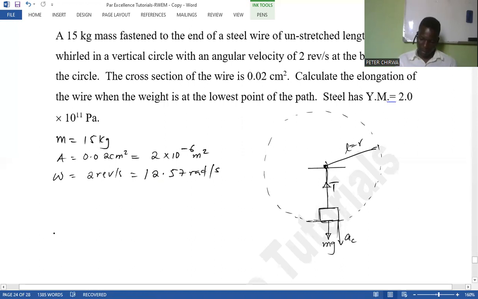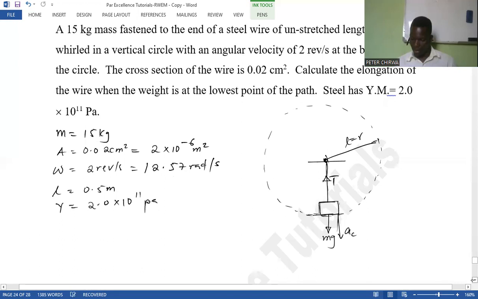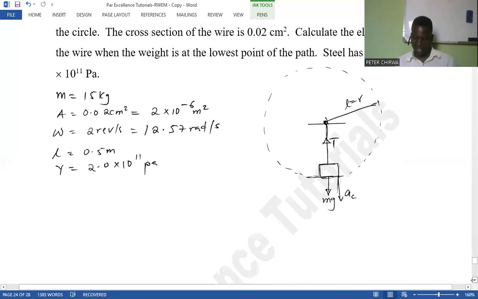We also have the length, right? So the length is 0.5 meters, and Young's modulus is 2 by 10 to the power 11 Pascal. All right, so I'm writing this because I think you've seen what I'm doing, so that I have the data.